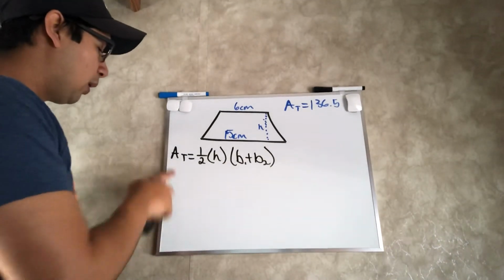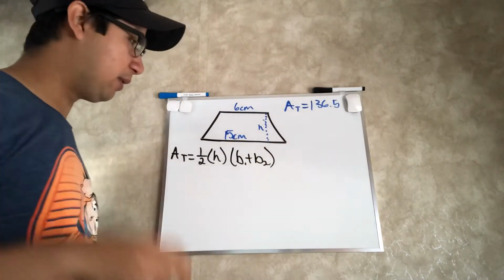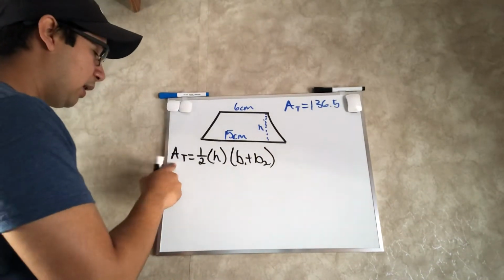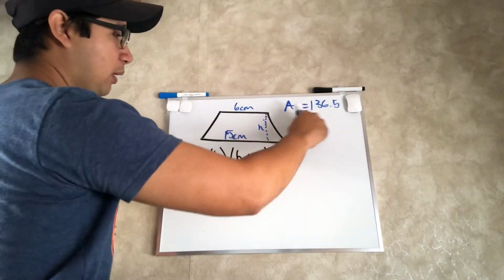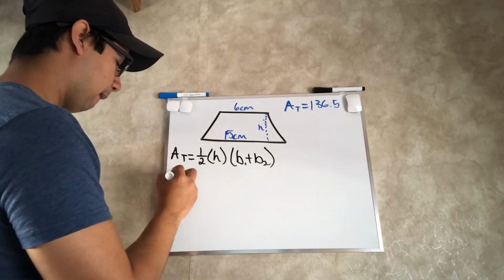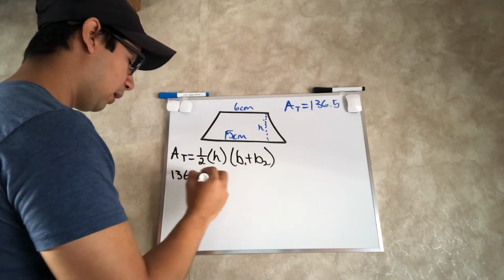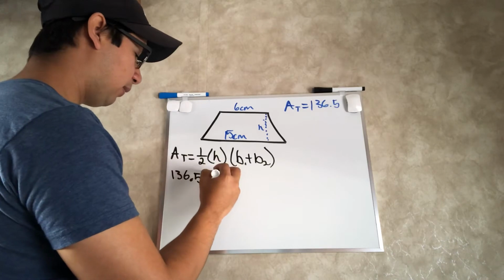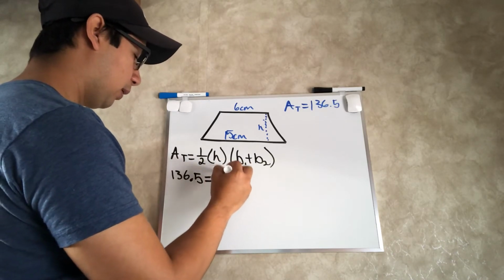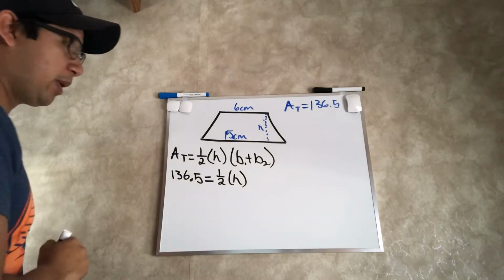Do we know what the area of the trapezoid is? Yes, it's 136.5. So let's start by substituting that in. Instead of area, I'm going to put the number. So it's going to be 136.5 equals, well, we have my 1/2. We don't know what my height is, and we do know what my base 1 and my base 2 are.